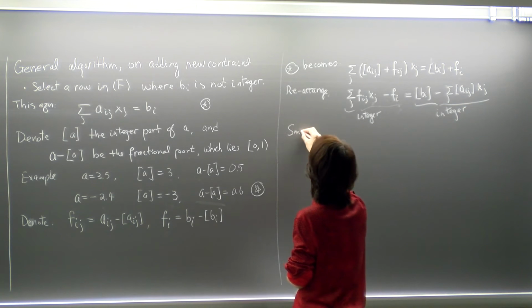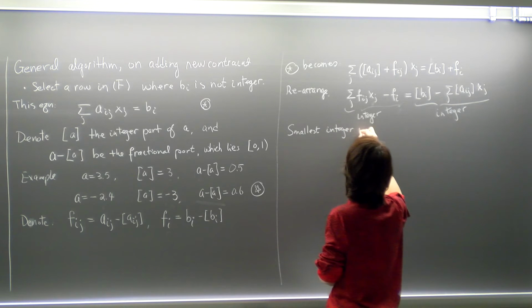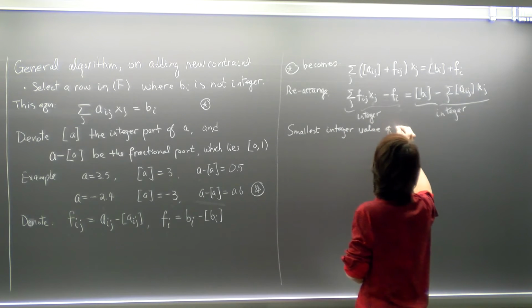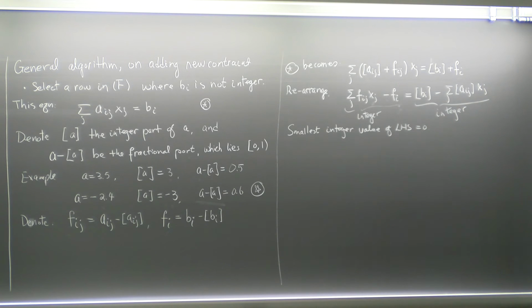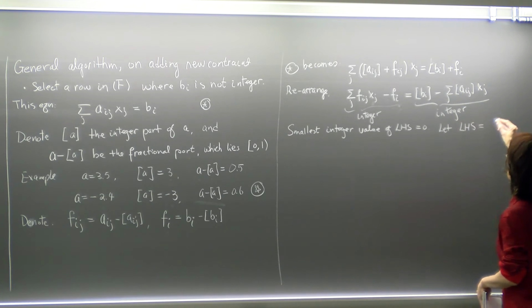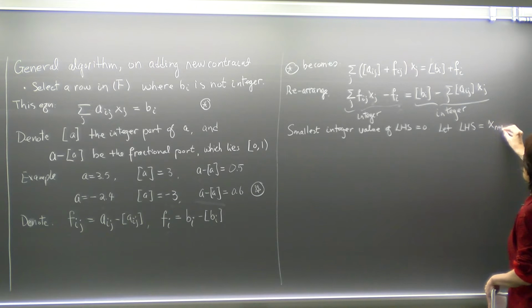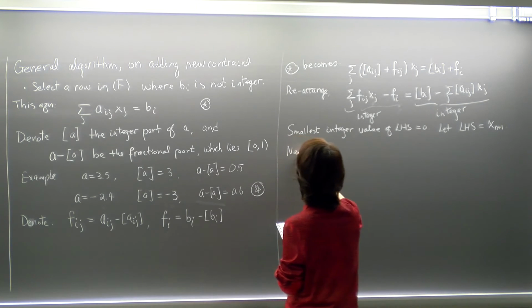So the smallest integer value of the left-hand side is 0. The left-hand side is an integer and its smallest value is 0, so it has to be a non-negative integer. And we call that a new variable, and that becomes the new constraint. So we let the left-hand side equal a new variable, x n plus 1. And that gives me the new constraint.